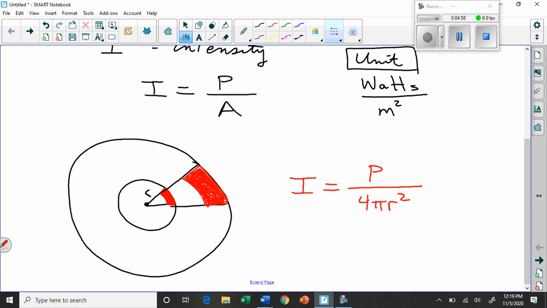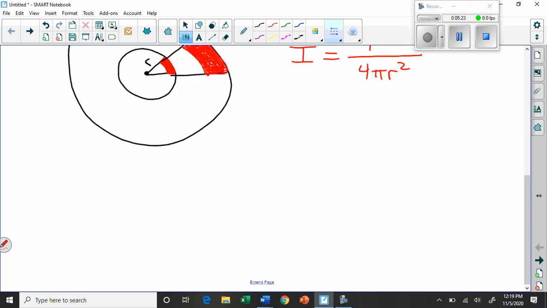So that describes the intensity as it comes out from the center outwards. And of course, the further it goes, the bigger the bottom of this gets. And when the bottom of a fraction gets bigger, the whole fraction gets smaller, right? A half, a quarter, an eighth. As the bottom becomes larger, the fraction itself is smaller.